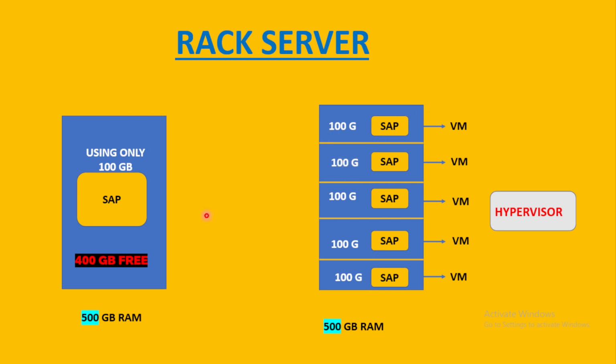I already said that every server will have a host name and IP address. Similarly, every VM will have a host name and IP address. By giving the IP address and host name, you can log into this particular VM and work. In this VM you can install any application or any database and use it. So this is the concept of VM.